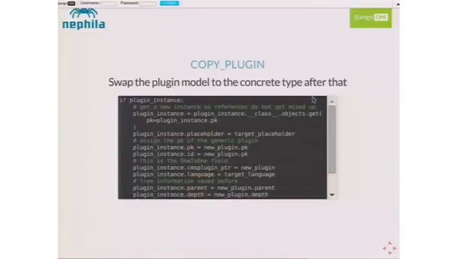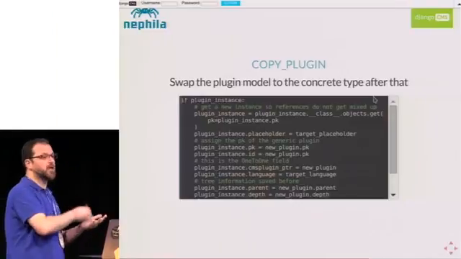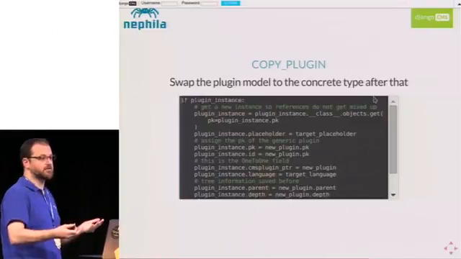If we assign to the old copy the primary key of the new one, we have to be careful because we have to override the ID, the PK attribute, and the one-to-one field, which links the generic plugin to the concrete one. This plugin instance is not the source plugin anymore, it's the target.